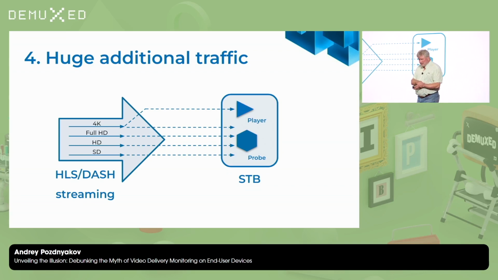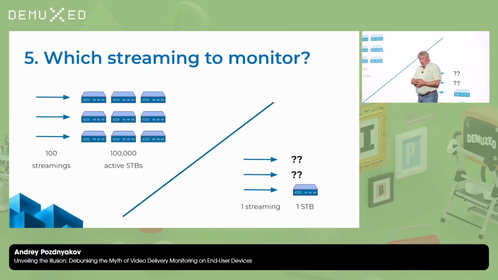But in this case, we will receive a lot of additional traffic to the set-top box. Which streams to monitor? Do we need to monitor all the streams, somehow divided by the number of active set-top boxes, or can we monitor just those streams which are currently played and know nothing about others?